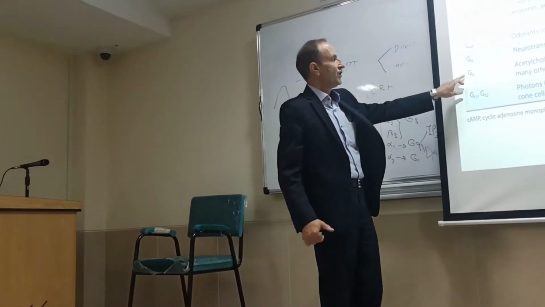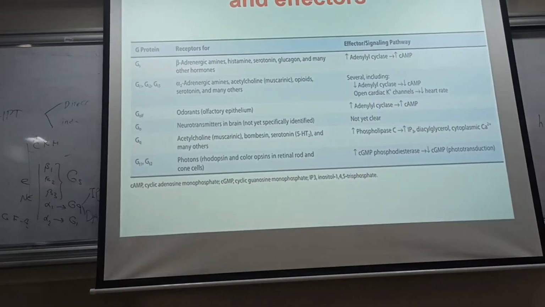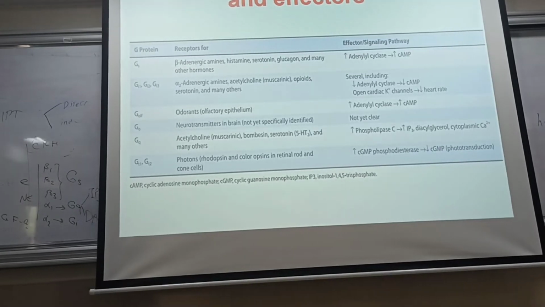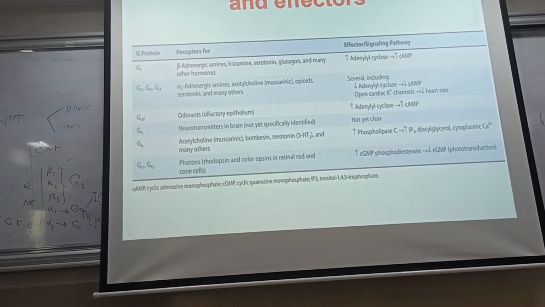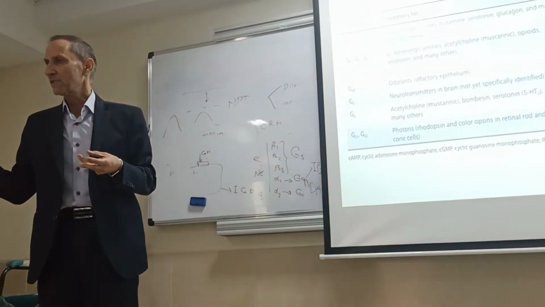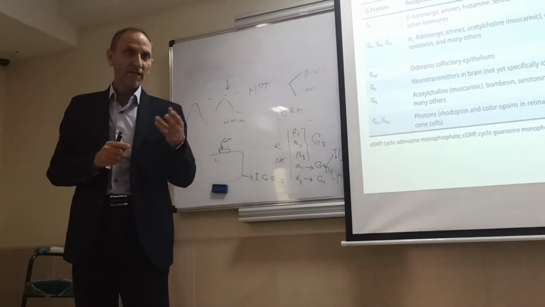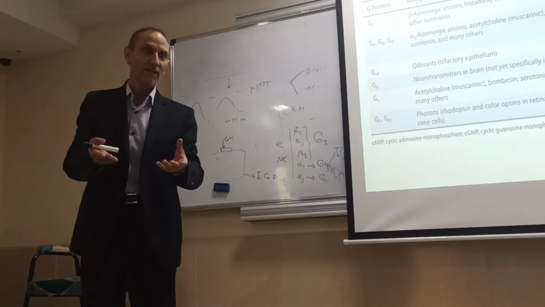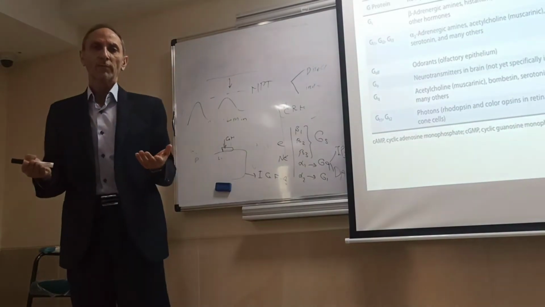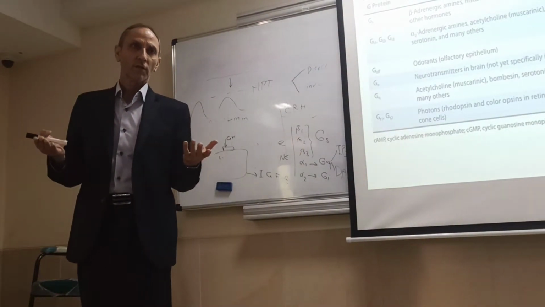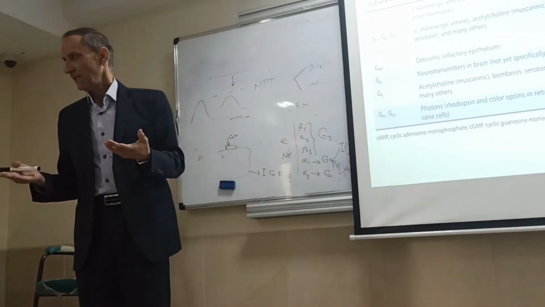So, when Gq is activated, we have production of IP3 and DAG. IP3 can mobilize calcium from its intracellular storage site. IP3 can release calcium within the cell. And DAG can activate some proteins, some enzymes, like protein kinase C.